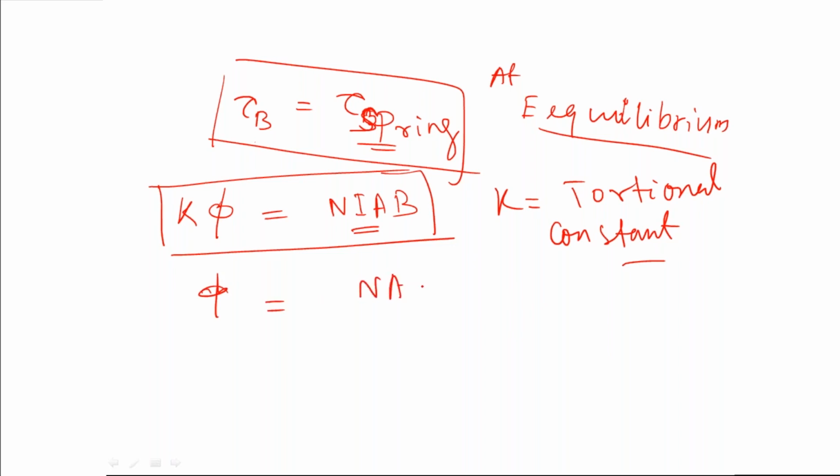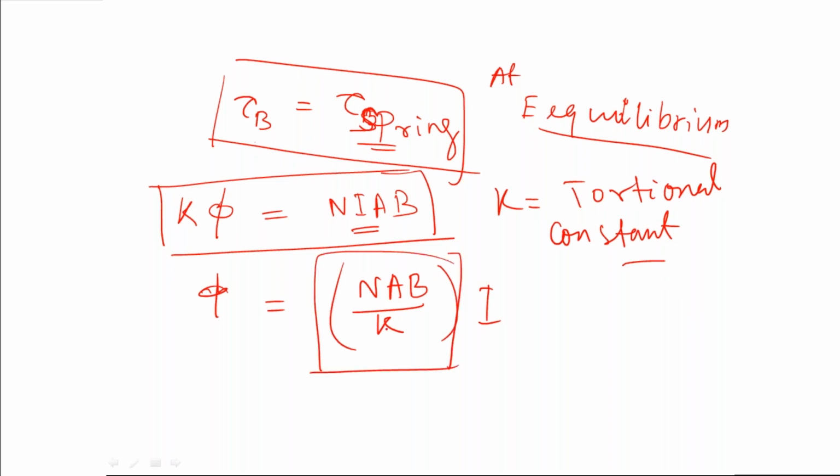This K is constant for any galvanometer because the material of the spring is always fixed. N is the number of turns in the coil, A is the area of the coil, B is the uniform magnetic field. So this is always a constant for a given galvanometer.